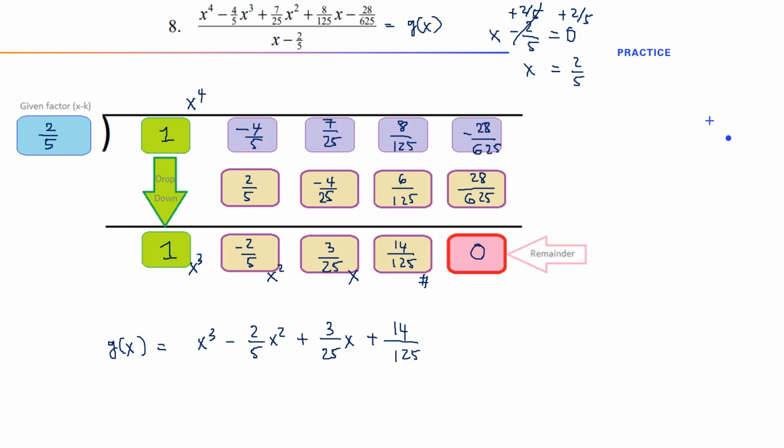And what do we say about this one? f of x is the numerator always, okay? That's how we call it. f of x is 0 when x equals 2/5, or f of 2/5 equals 0. We have no remainder, so x minus 2/5 is a factor of f of x.